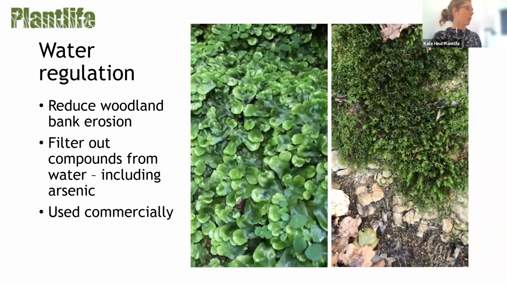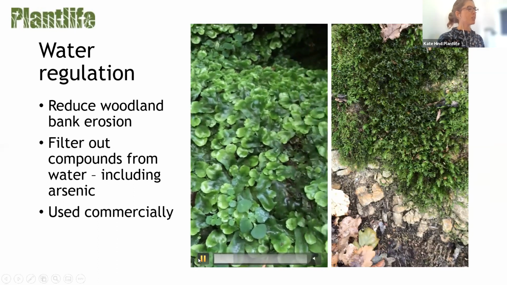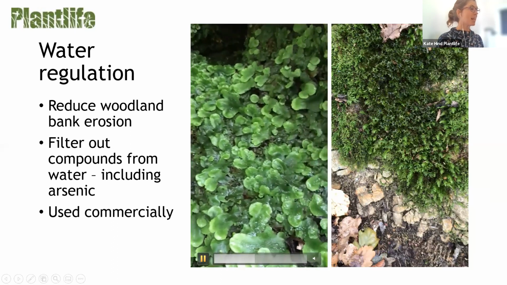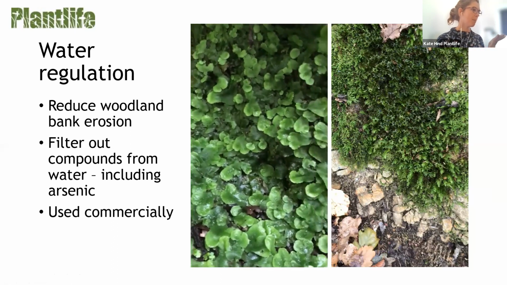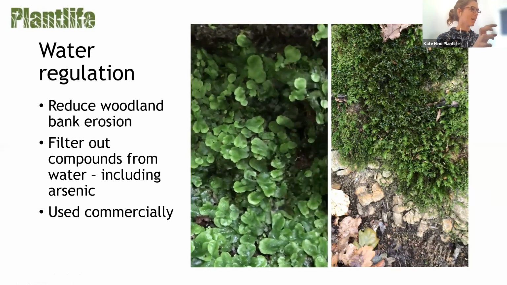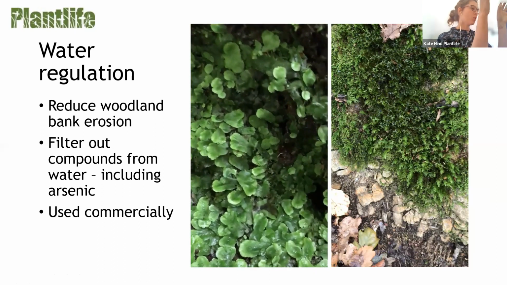And they are involved in reducing woodland bank erosion. So I have a couple of videos here, which hopefully I can show you. These I took of them growing along a woodland bank. So let's see if they will play. So this is a liverwort, and it's completely covered a woodland bank. And as you can imagine, when it rains, the water will just go across the leaves.